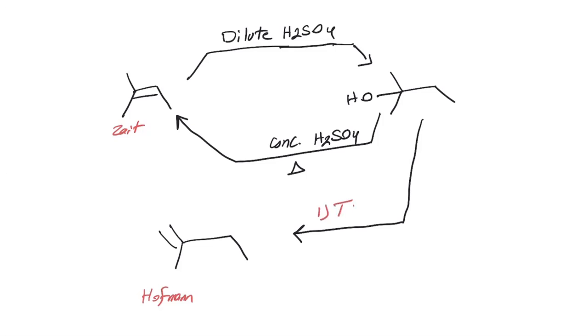So I can use tosyl chloride. If we add tosyl chloride, OH becomes what? OTs. It becomes OTs, a great leaving group.